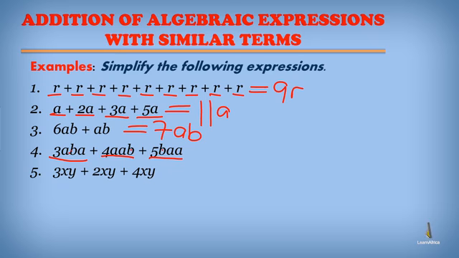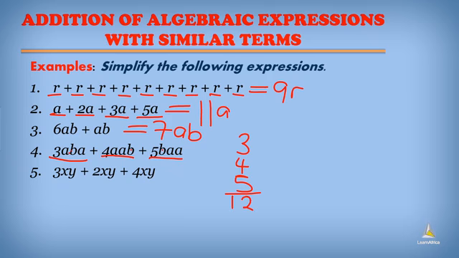Okay, so doing that, we have 3 and 4 and 5. We pay attention to the numbers, 3, 4, and 5, and we want to put them together. 3 plus 4 is 7, and then plus 5, we have 12.